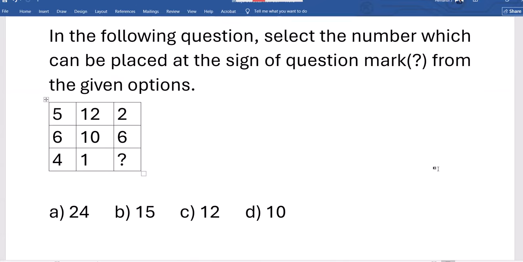Now, what about this question? Excellent question you solved. You may have done a lot of puzzle questions, but see this one. Puzzles, a lot of questions will come. A lot of logics will come. We have to keep updating.